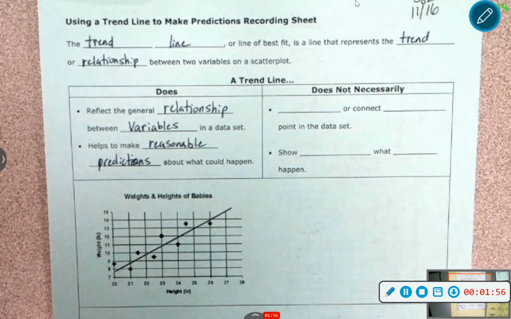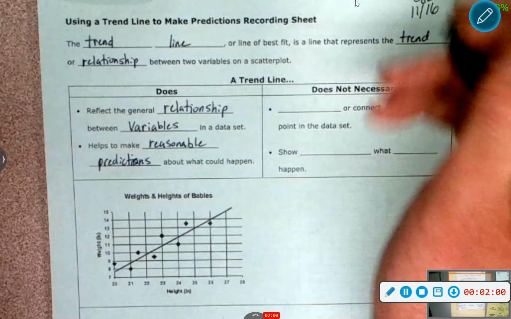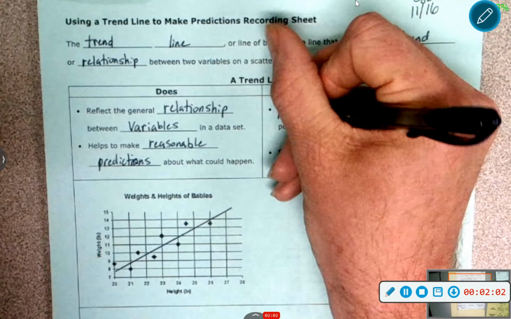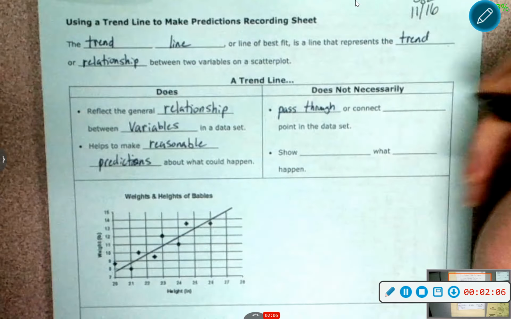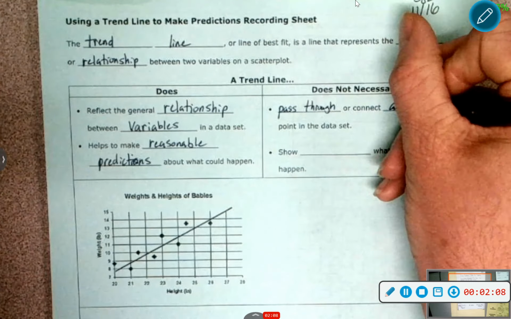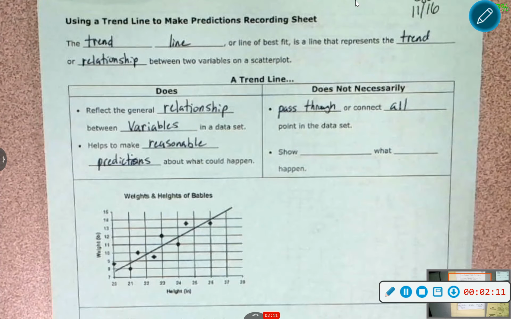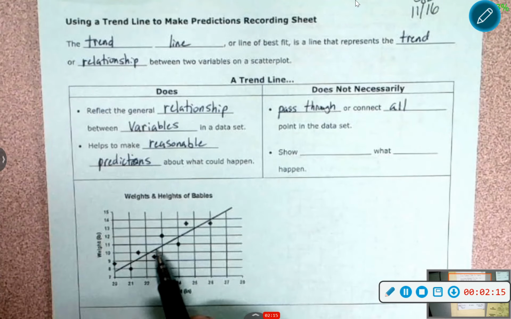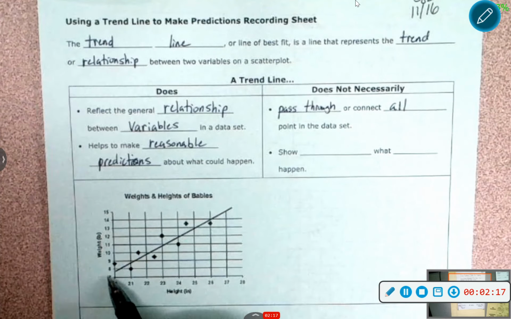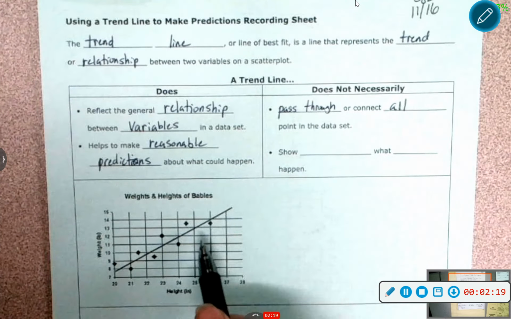It does not necessarily pass through or connect all points in the data set. So when you're drawing a trend line, you're trying to follow the general idea of the points, not trying to connect the dots with them.